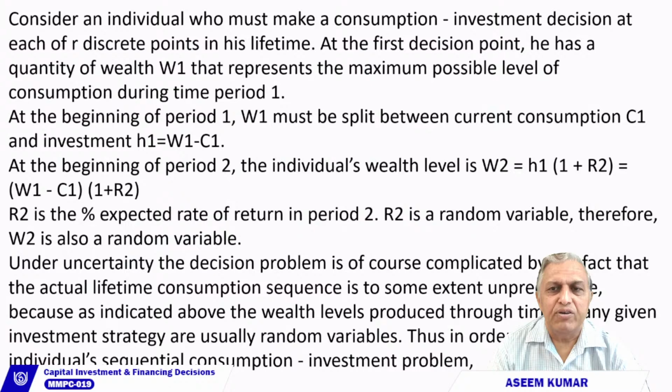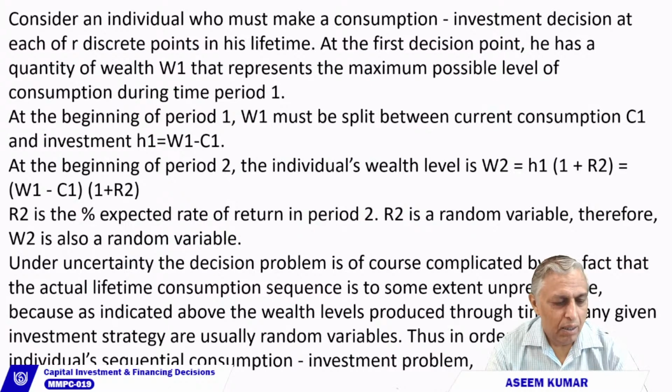At the first decision point, he has a quantity of wealth, W1, that represents the maximum possible level of consumption during time period 1. At the beginning of period 1, W1 must be split between the current consumption C1 and the investment.